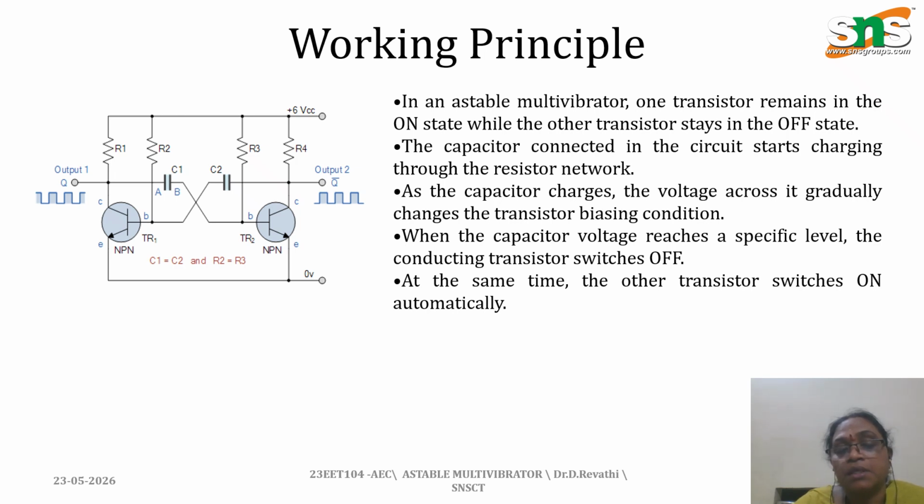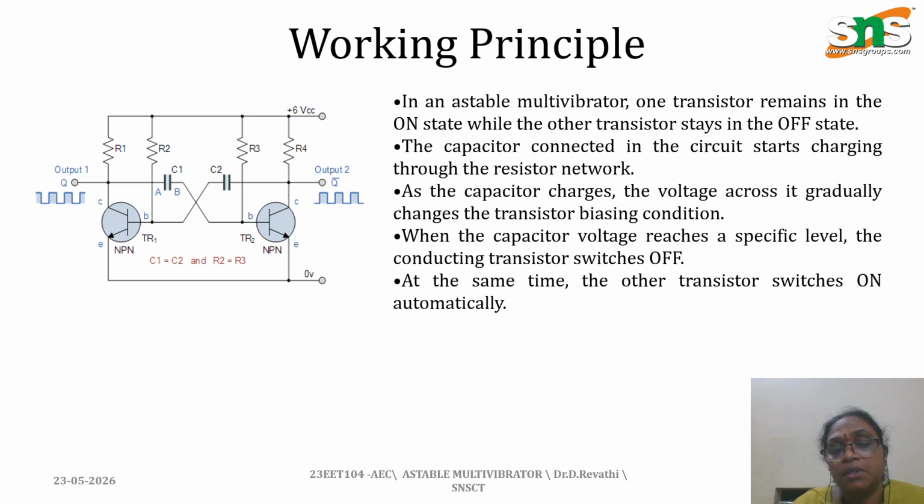So in this astable, always one transistor is in the on condition and the other transistor is in the off condition. Consider that Q1 is in the on condition. Here TR1 is transistor 1 and TR2 is transistor 2. So TR1 is in the on condition and TR2 is in the off condition. On condition means a closed switch. Off condition means the cut off region, or open circuit.